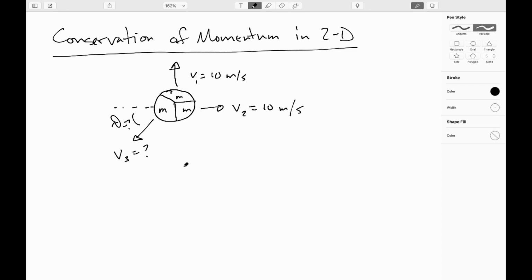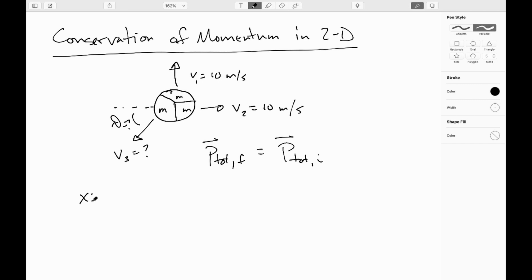So with that, we can say that the total momentum final is equal to the total momentum initial. But now we need to take x and y components of this.